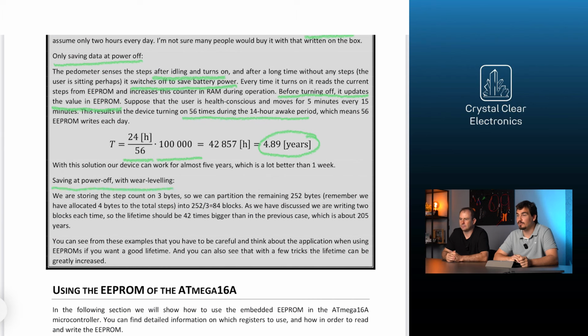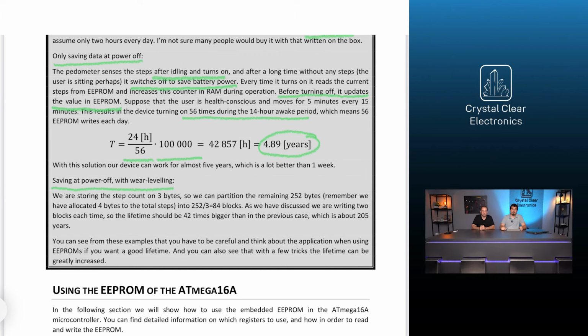In the last case, let's examine what kind of lifespan can be achieved by using the full memory. We are storing the step count on 24 bits, that is 3 bytes, so we can partition the remaining 252 bytes. Remember, we have allocated 4 bytes to the total steps into 84 blocks.